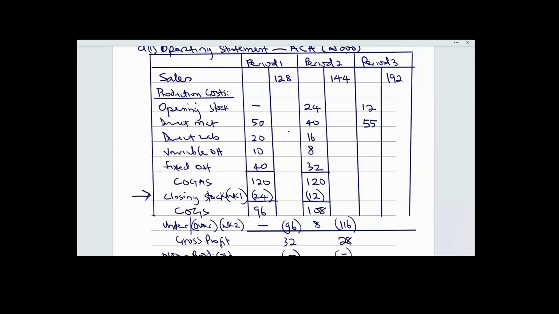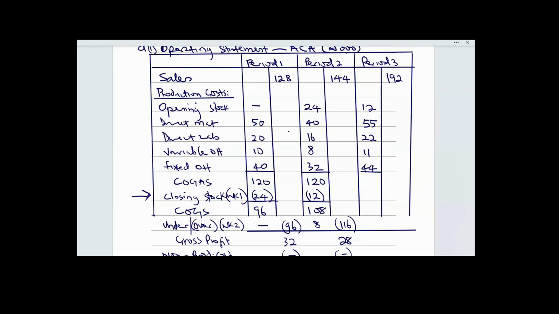Direct labor is 2 naira multiplied by 11,000 units, which gives us 22,000. Variable overhead is 1 naira multiplied by 11,000 units, 11,000. Then the fixed overhead per unit is 4 naira multiplied by 11,000 units, which gives us 44,000.